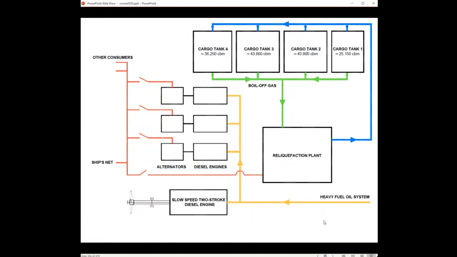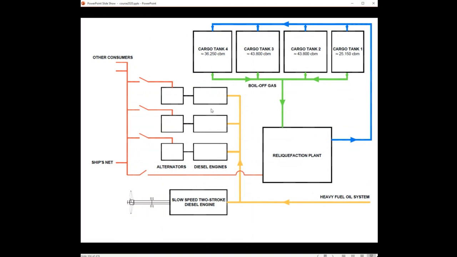So the traditional system or diagram for the operation of an LNG carrier could be as this one. This is in fact how an LPG carrier is working, but you can copy that, of course, to an LNG. You have a fuel oil system that is used for a slow speed two-stroke diesel engine.